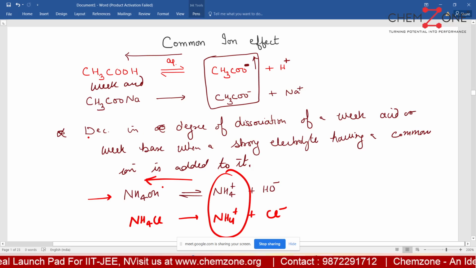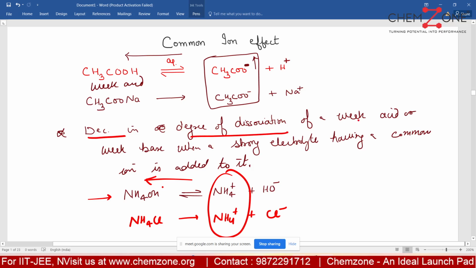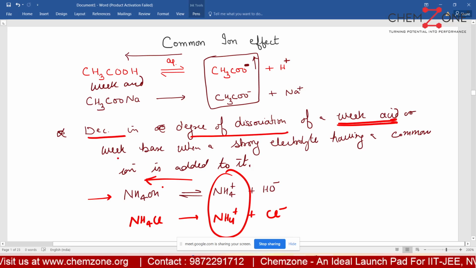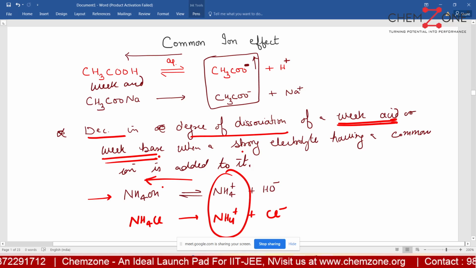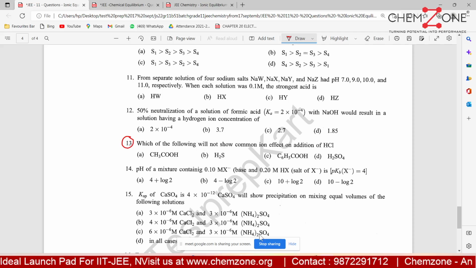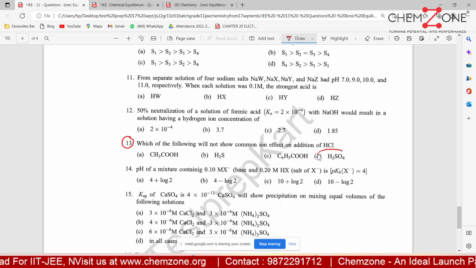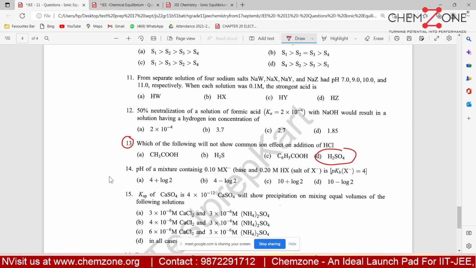It's a decrease in the degree of dissociation of a weak acid or a weak base. It means whenever we add an electrolyte to a weak acid or weak base, its degree of dissociation decreases. But H2SO4 is strong, so it will not affect its degree of dissociation.